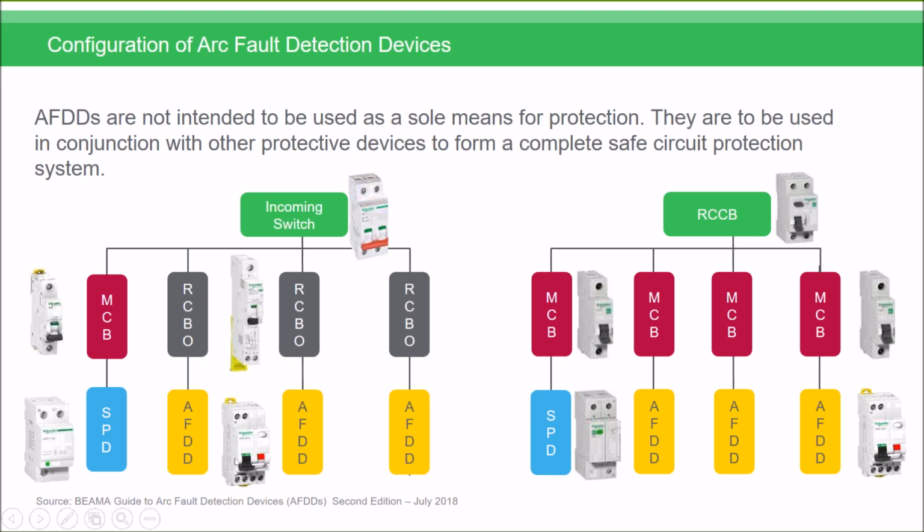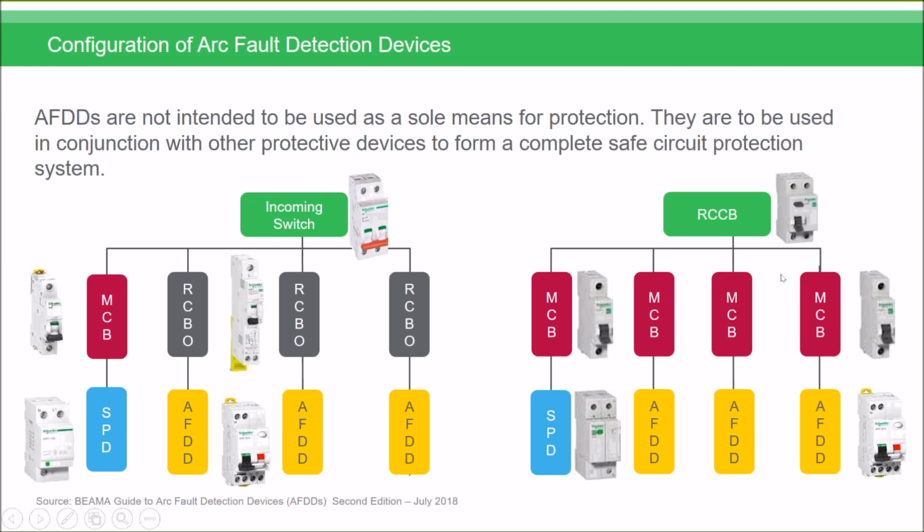And then from those RCBOs, you'd have arc fault detection devices to give you that level of additional protection. And then you've also got, as a part of the 18th that we've touched on earlier, the surge protection device. So you have there a complete system that gives you the ability for complete isolation. You get earth leakage, overload, short circuit protection, and also arc fault detection on the final circuit. And the system therein also gives you surge protection as well.